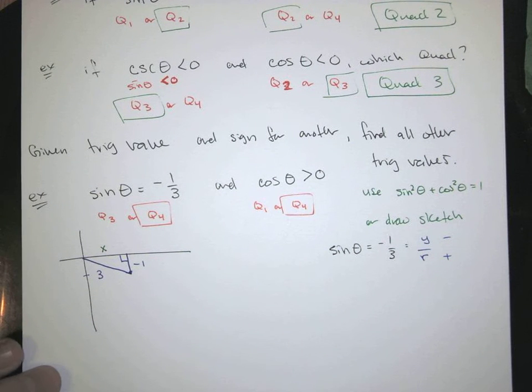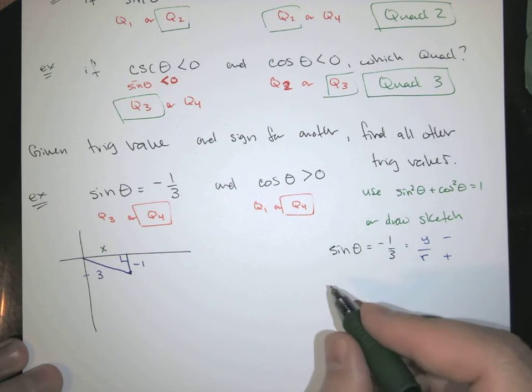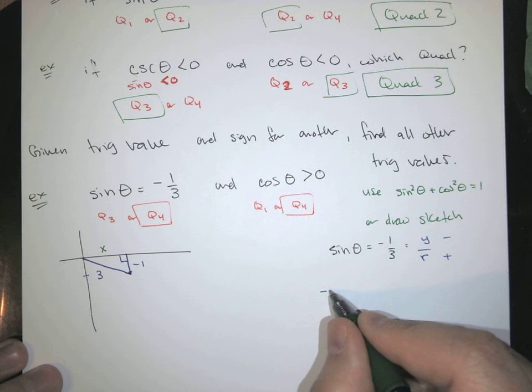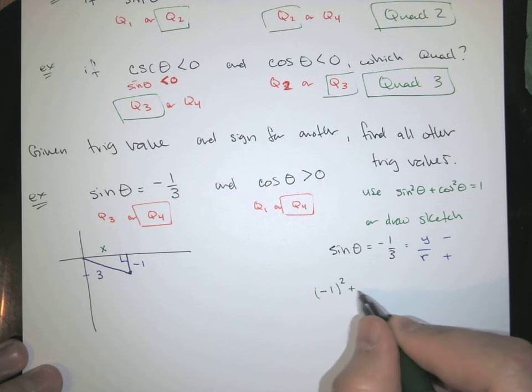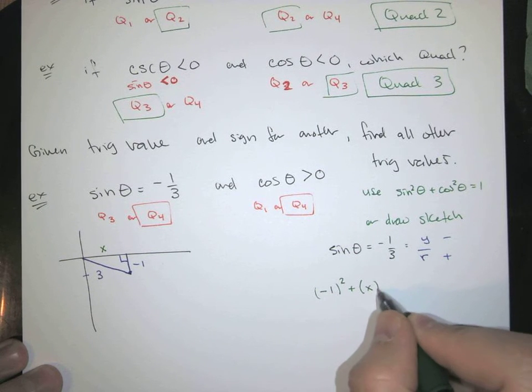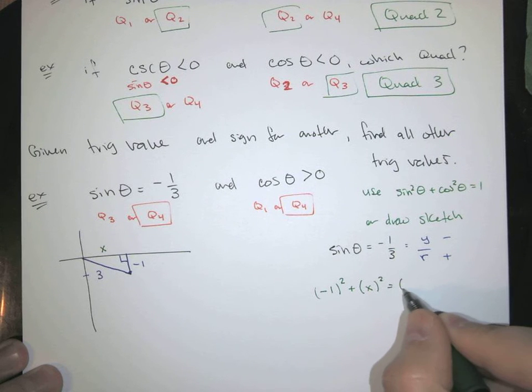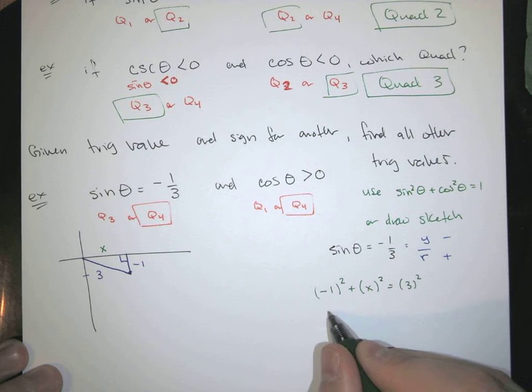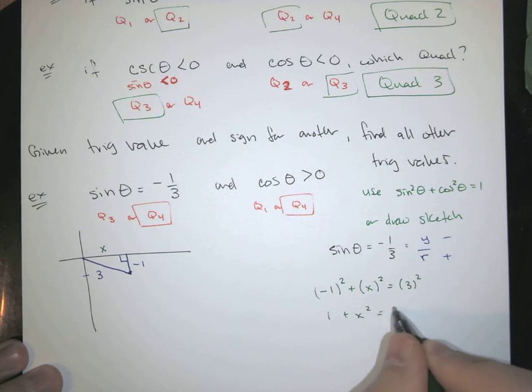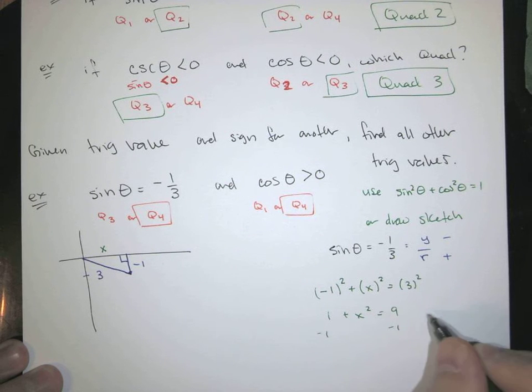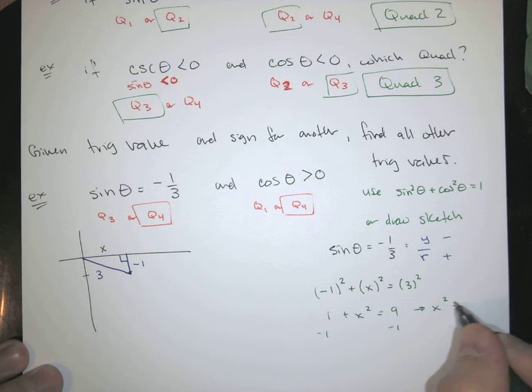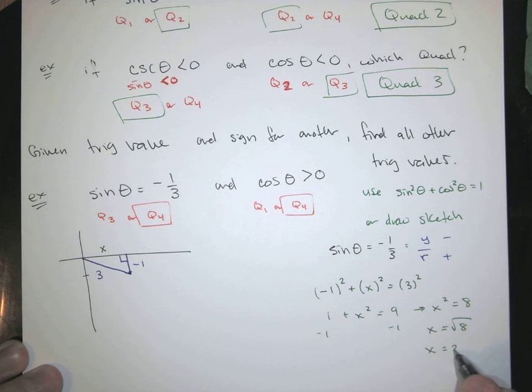So I can do a Pythagorean theorem to find my x. This should be -1 squared plus x squared should be 3 squared. This is going to be 1 plus x squared is 9. Quick subtraction: x squared is 8, so x would be the root of 8. We can simplify that down to 2√2.